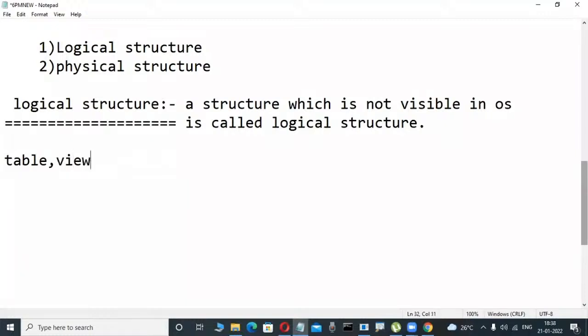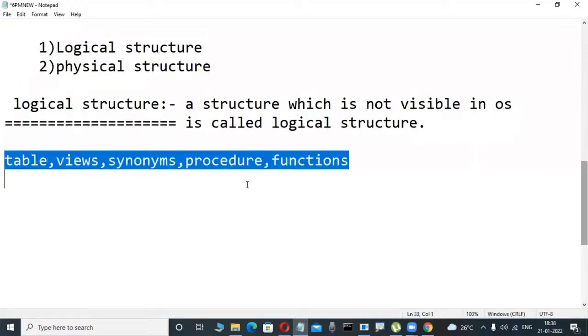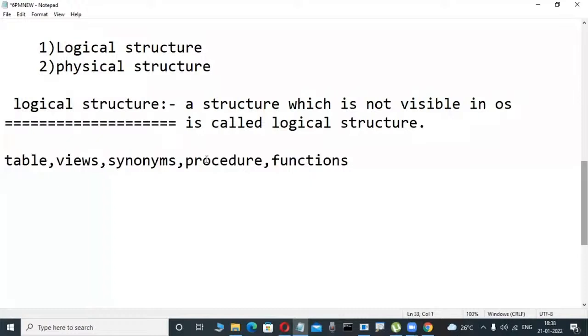Views are there, synonyms are there, indexes are there. These are all database objects. Procedures, functions, triggers, packages are there. So many things, all related to the logical structure. Whatever objects we are learning in our courses are not visible in the operating system.